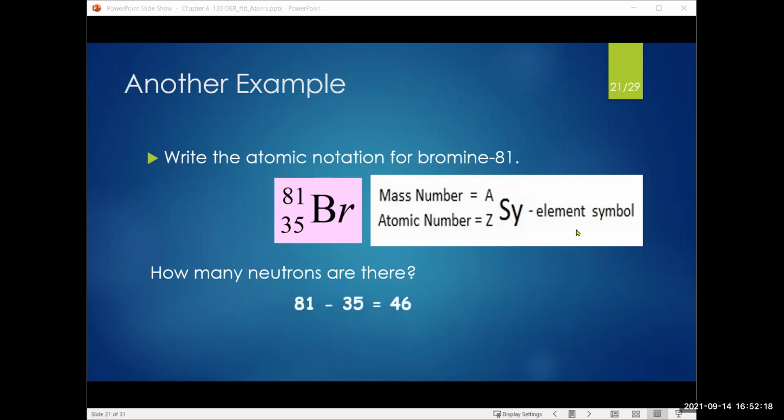The next question is, how many neutrons? That's 46. So bromine 81 has 35 protons, 35 electrons, and 46 neutrons.